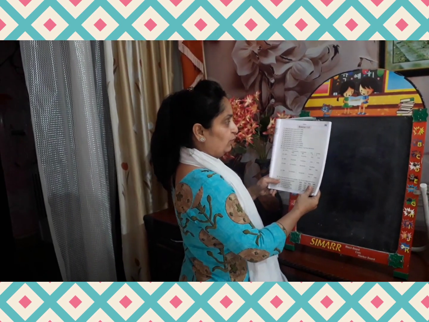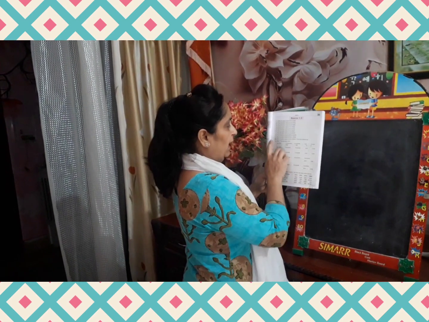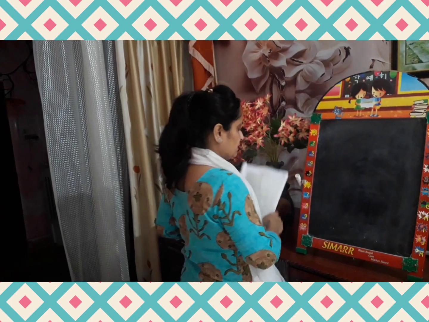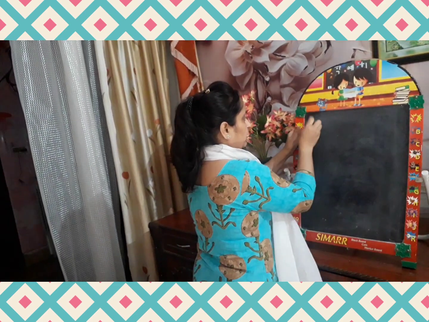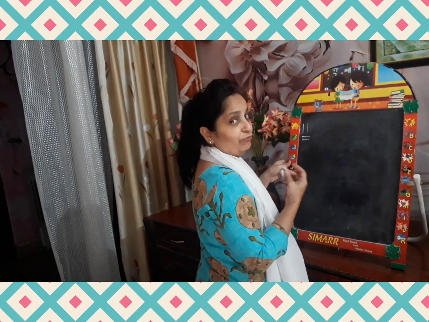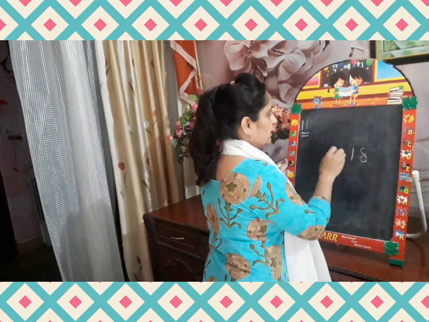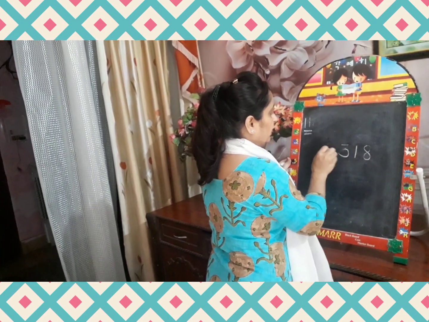In your maths book, page number 19, exercise 1.3, sum number 1 is expanded form. The first sum is 4,318.